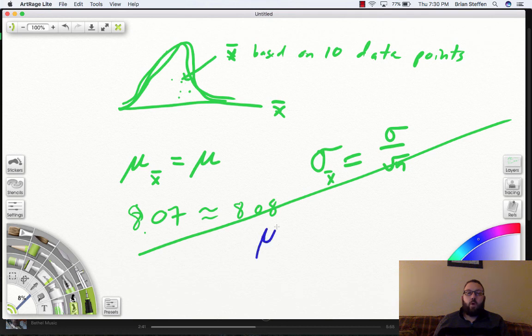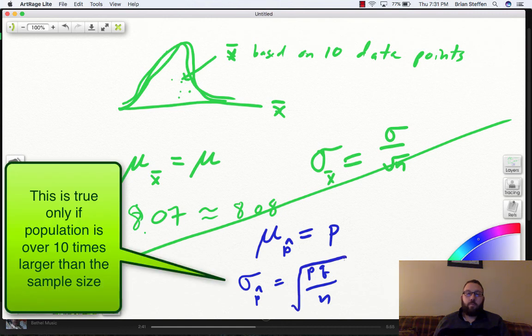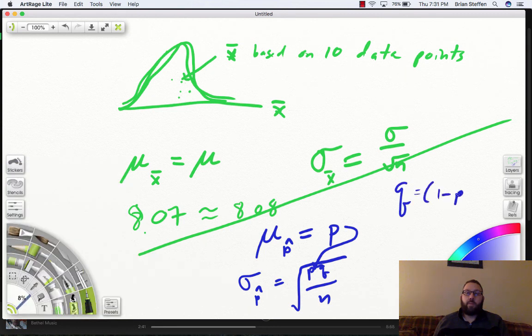If I do all possible samples and find all of those sample P hats, the average of all of them will equal the original population parameter P. And the standard deviation of all P hats will equal the square root of PQ over N. P is the probability of success, times Q, which, remember from the binomial, is 1 minus P. And N is my sample size, and in this case, that would have been 25.